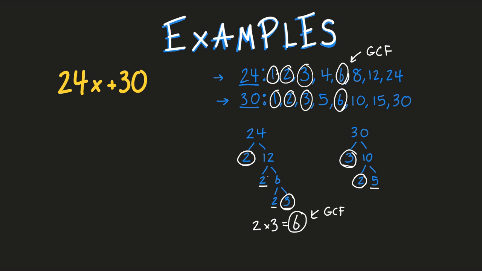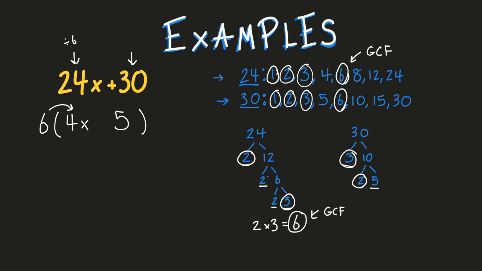Really depends on how we visually see it. But the process is the same once we come back over here. We take our greatest common factor, we put it outside, and we think about what had to have been there before we distributed. We can also do 24 divided by 6, which we find out is 4x. Same thing with 30.